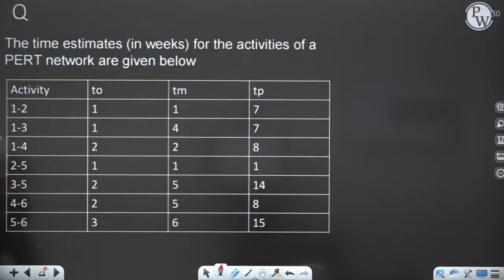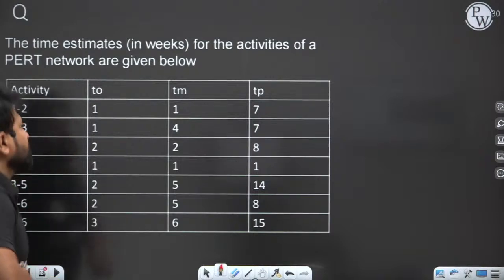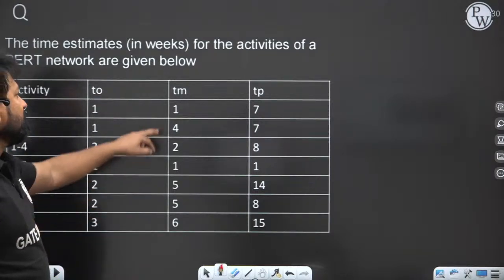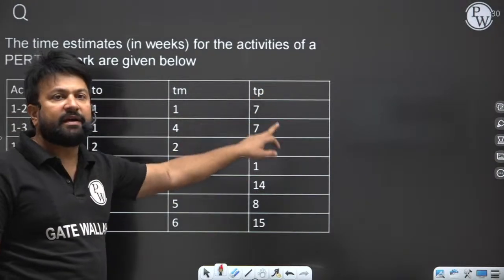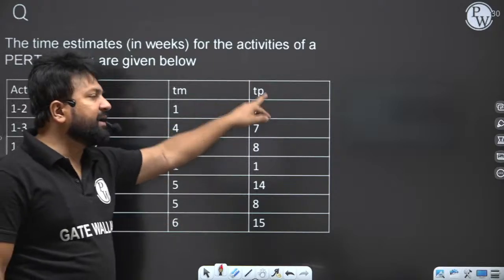Now please note down this table. Then we will proceed to the question. Basically, it has the optimistic time, most likely time, and pessimistic time.